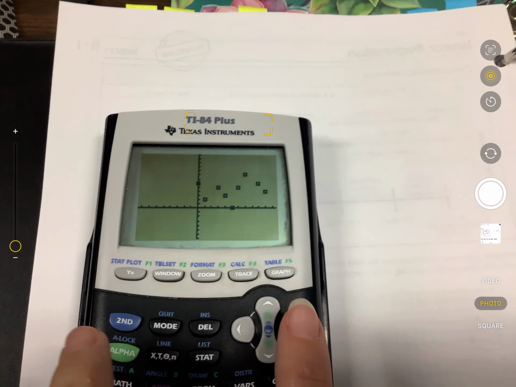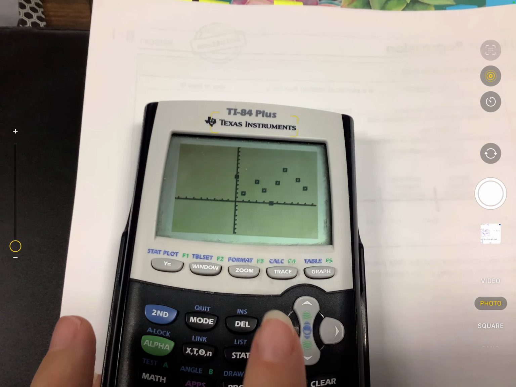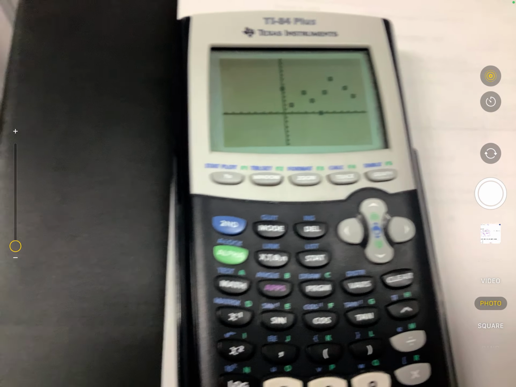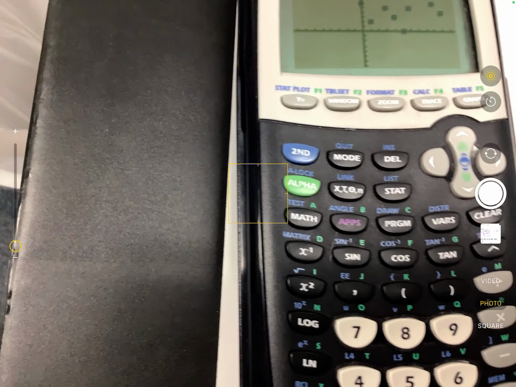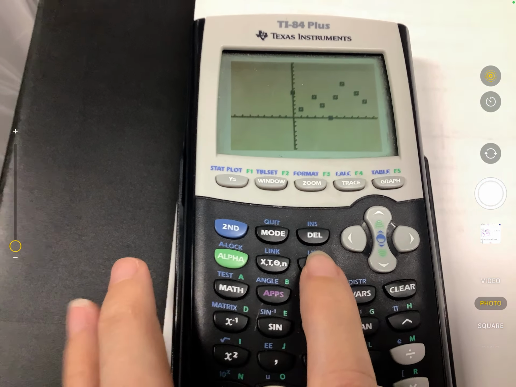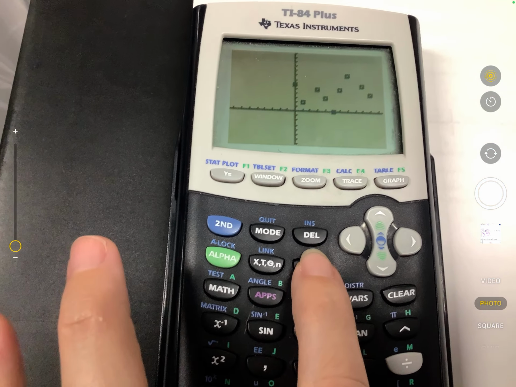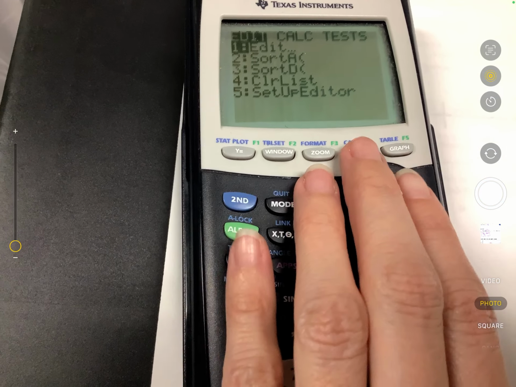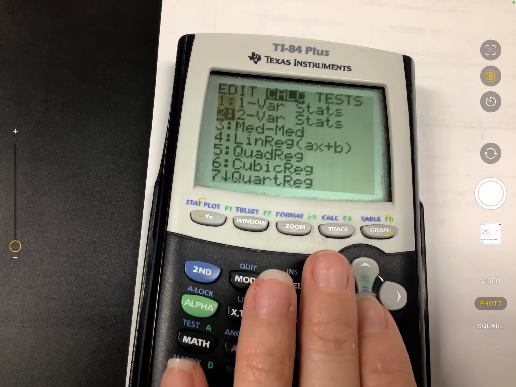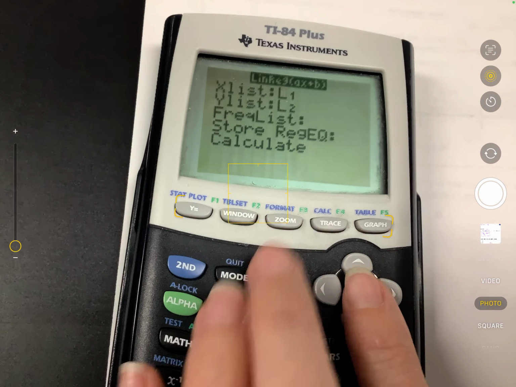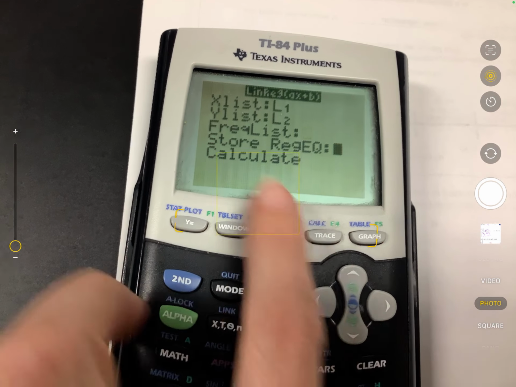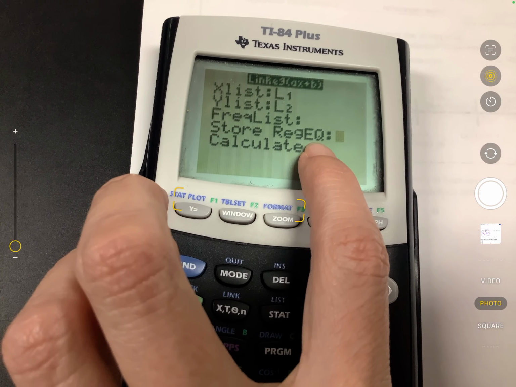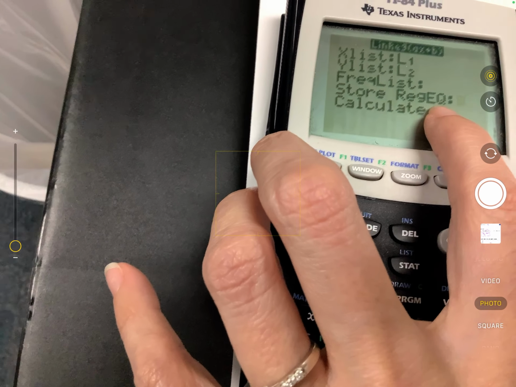Now it also wants us to graph that line of best fit equation that we found. There's a way that we can do this without having to type that equation in. So do this with me: go back to stat, you're going to go to calc number 4, store regression equation, you're going to click on that.